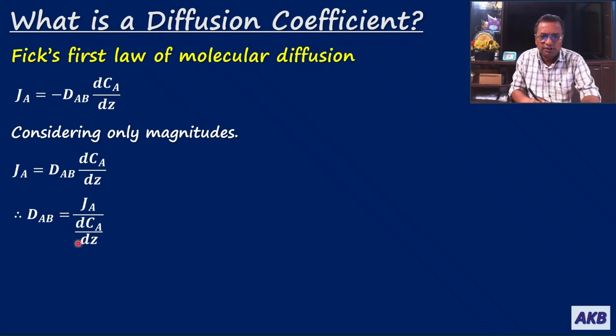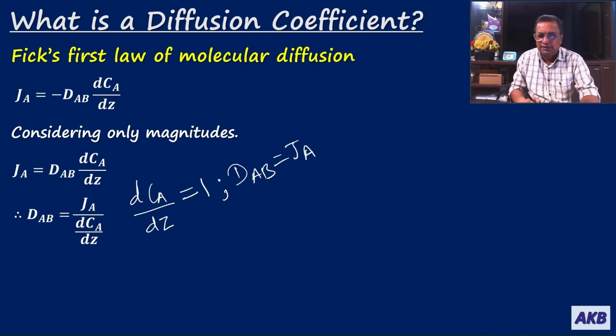So, as per this equation, if dCa by dZ is 1, then DAB is simply equal to Ja. So that will help us in defining the diffusion coefficient.